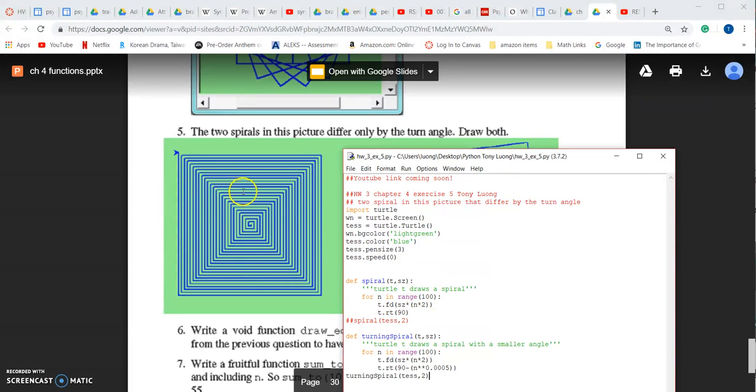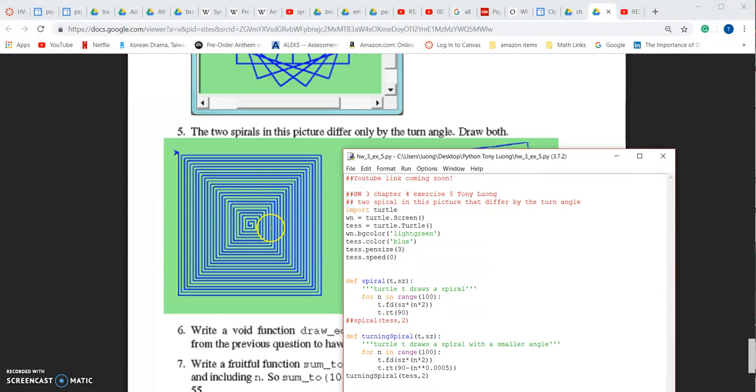Since it's similar to a square but not really, you see that the lines get bigger every time it turns, kind of like doubling. So I decided to have my lines go forward with size, in the range of 1 through 100, because it seems like there are 100 lines total.